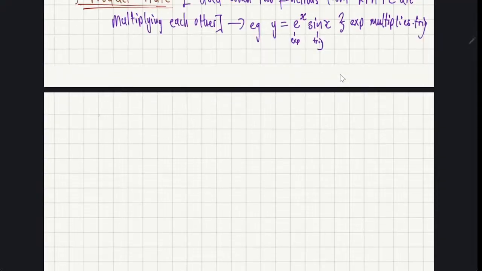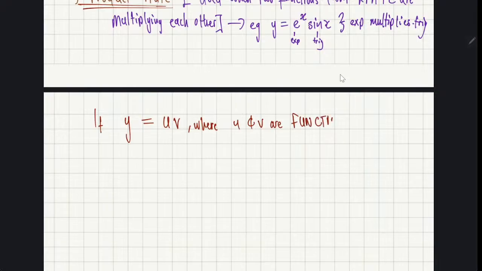So you now write to say, if y is equal to uv, where u and v are functions from Lie8. U and v are functions. So basically, two functions multiplying.